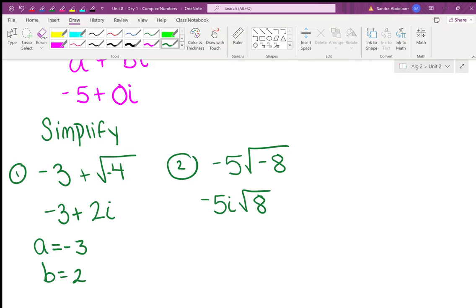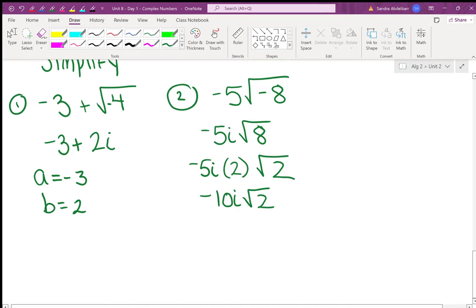So basically this is negative 5i times 2, and then we still have root 2. Follow the rules of variables. Can I multiply negative 5i and 2? Absolutely. I'm multiplying negative 5 and 2, which is negative 10, and then we still have times i root 2.